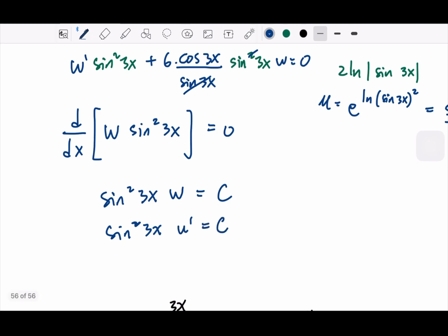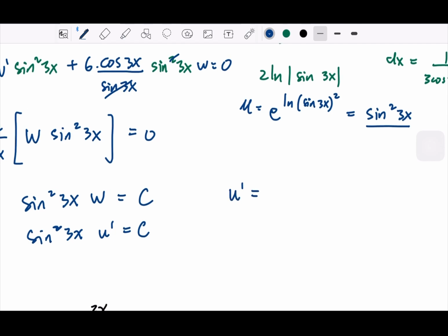So u prime is a constant multiplied with 1 over sine squared. 1 over sine is cosecant, so we can write cosecant squared, or if you want, just 1 over sine squared 3x.